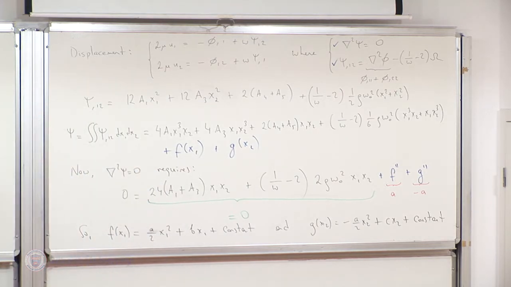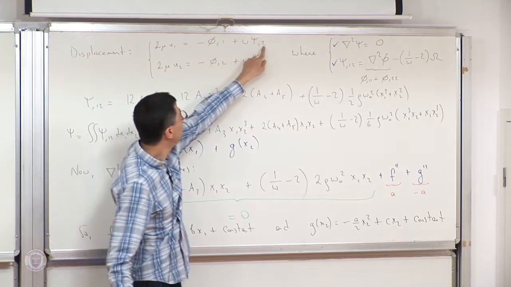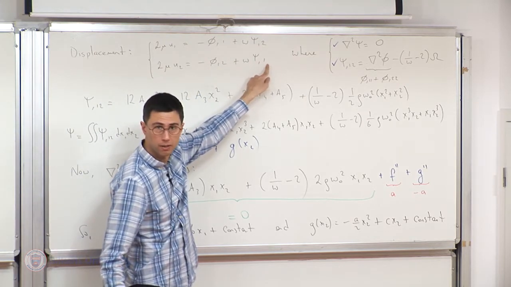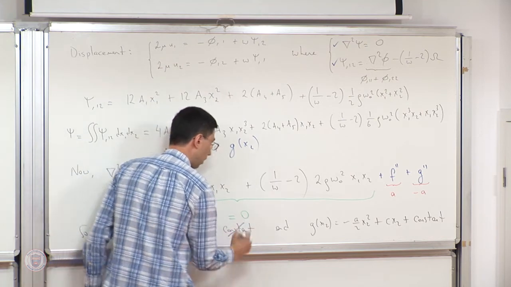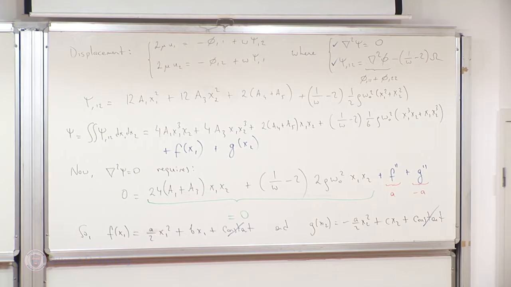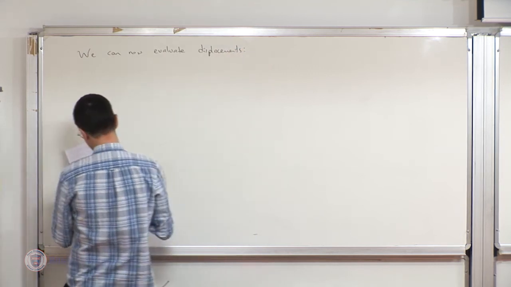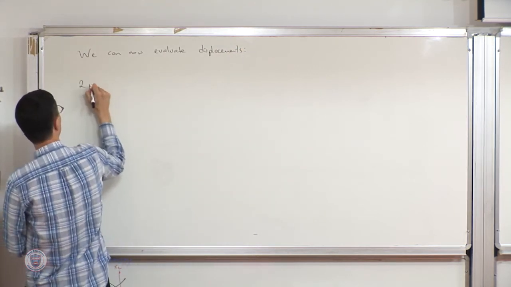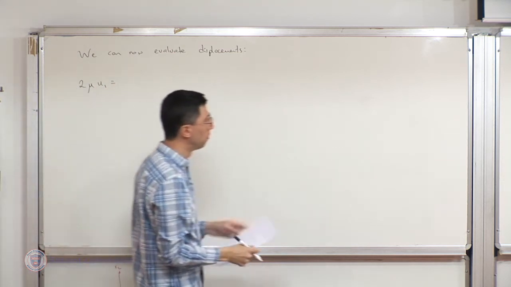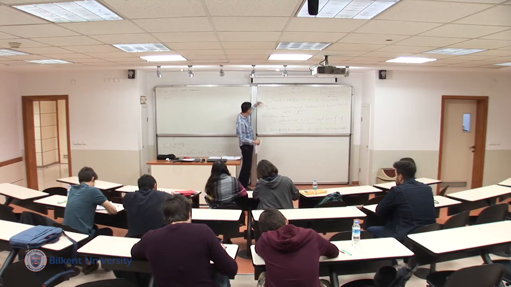Now, if you see that f and g go into psi and only derivatives of psi are relevant to my goals, then these constants are not relevant, so I don't care about them. I just cross them over. Hence, we now have the form of the displacements. Let me record them for your reference. So the general form, 2 mu u1 is equal to minus phi comma 1 plus omega times psi comma 2.